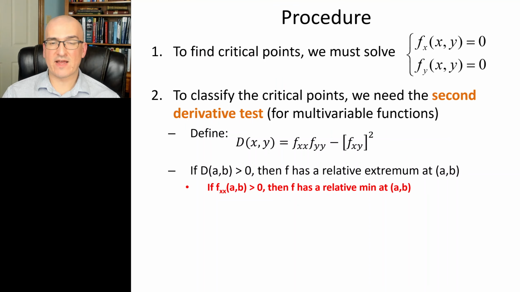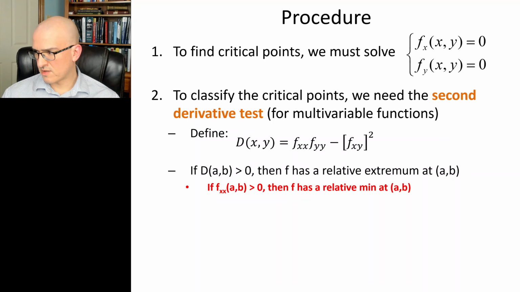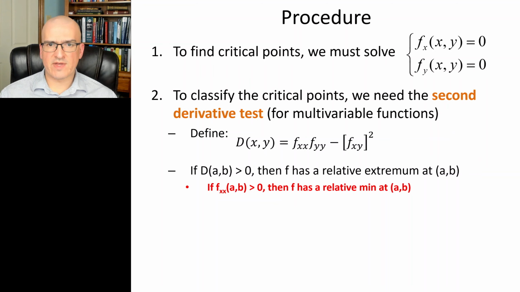You could also take f double x plus f double y, which is called the trace of the Hessian matrix. It can get more complicated if you want, but let's streamline things and simplify them.